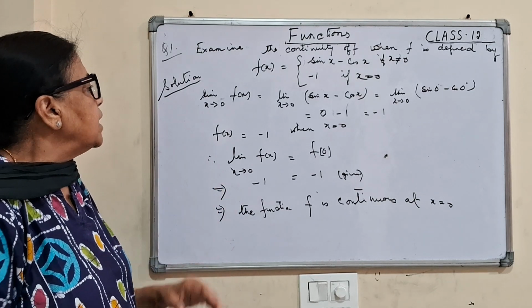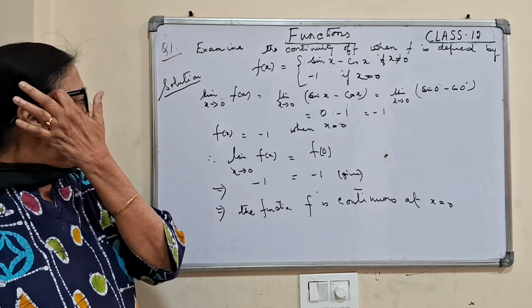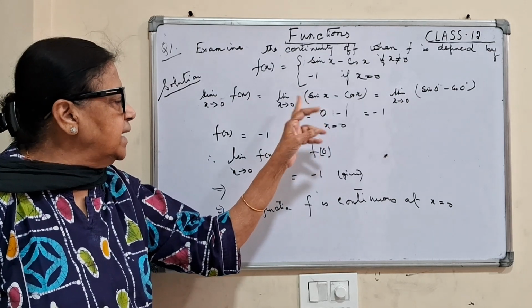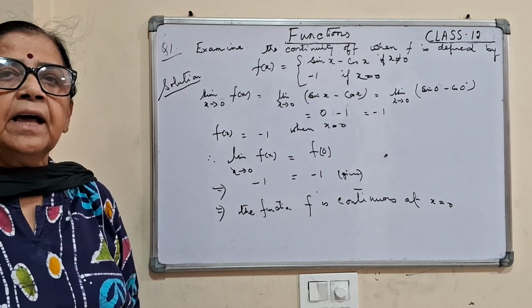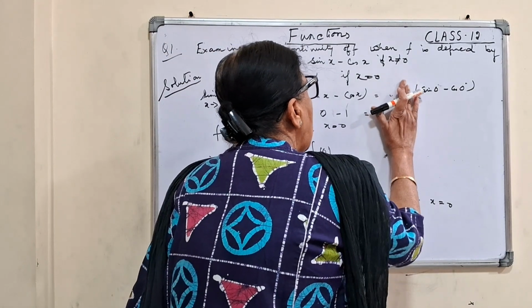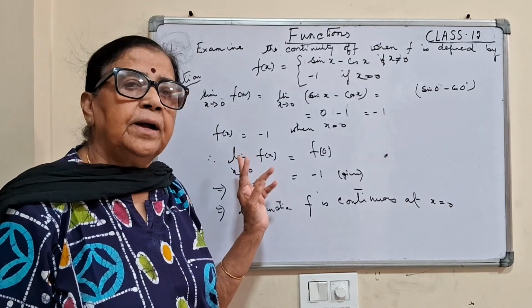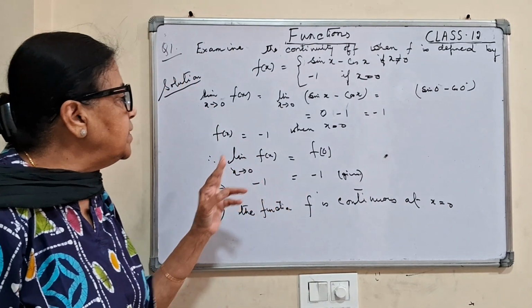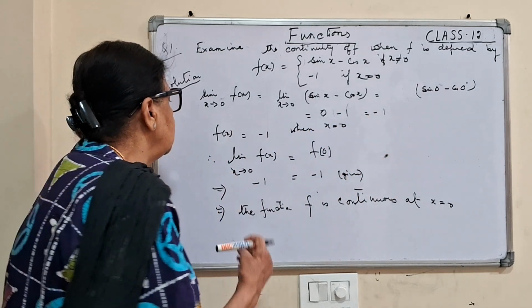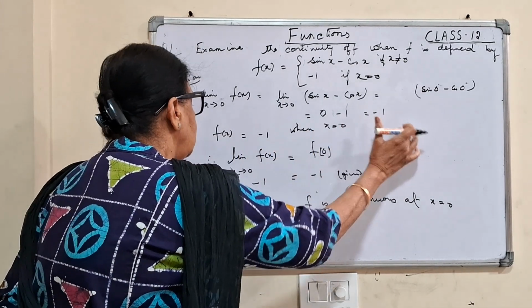Now the limit as x tends to 0 of f(x) is sin 0 minus cos 0, that is 0 minus 1, that is minus 1, and f(0) is minus 1 when x is equal to 0.